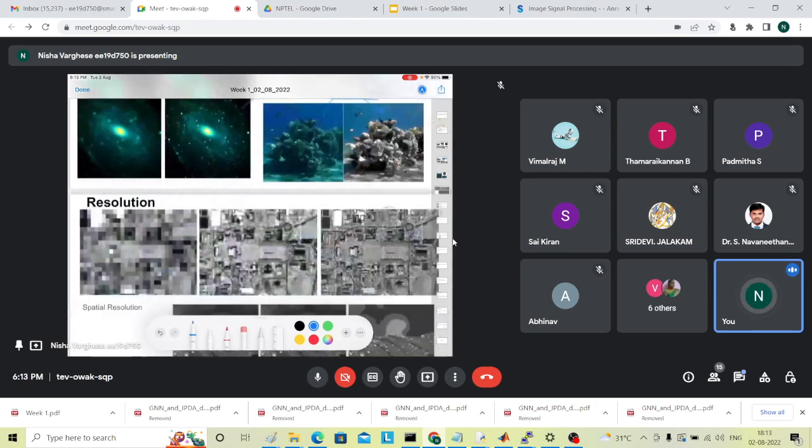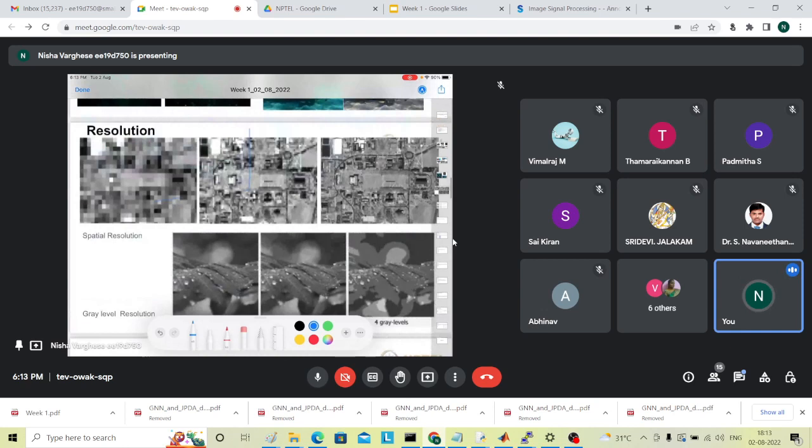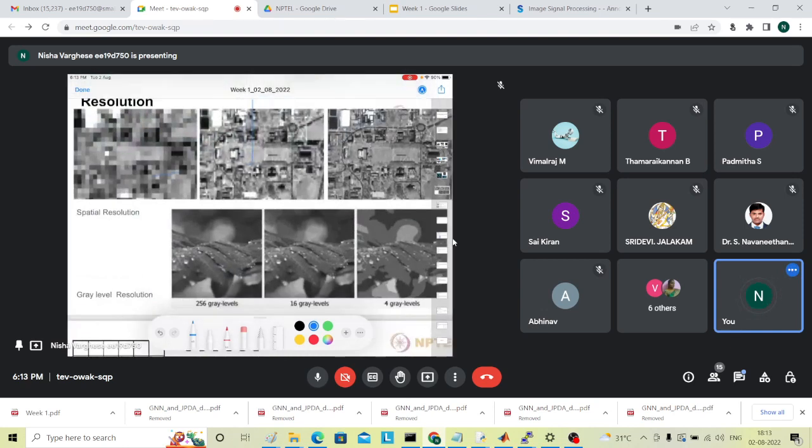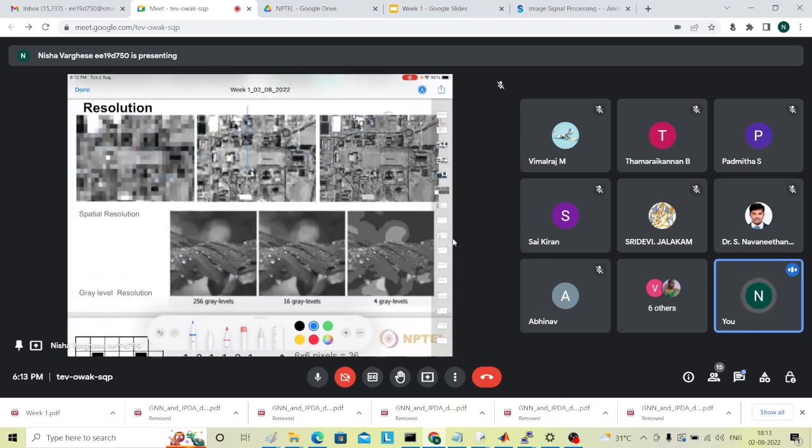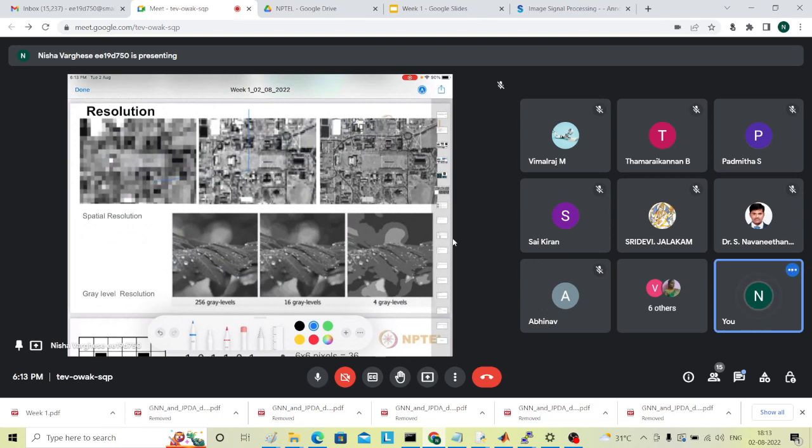And the next topic is resolution. In the video, it is already discussed that there are three types of resolution: spatial resolution, gray level resolution, and temporal resolution.